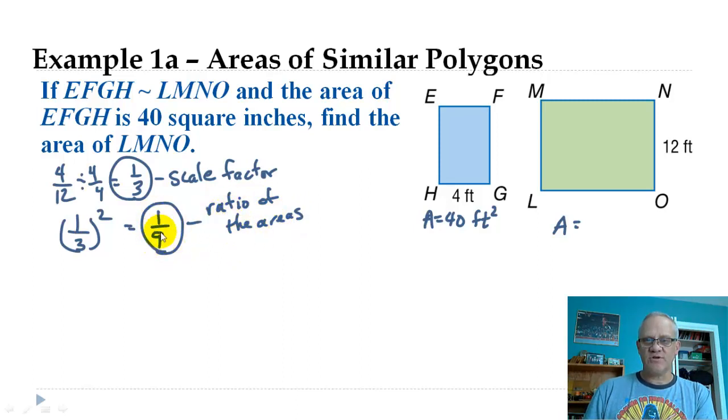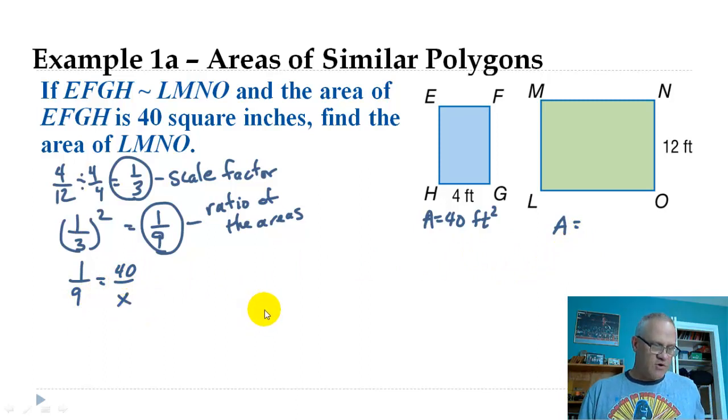So that's what we're going to use when we set this up, and you may or may not have remembered, when we did this before, we set up a proportion. So if this is the ratio, 1 to 9, remember that ratio will equal the ratio of the areas, which would be 40 and this one, which we don't know, we're going to call x.